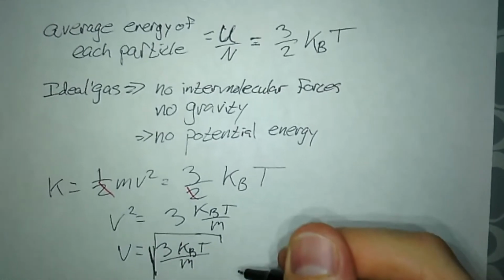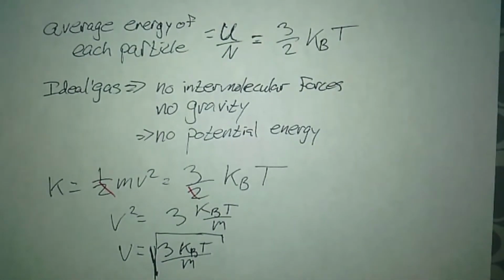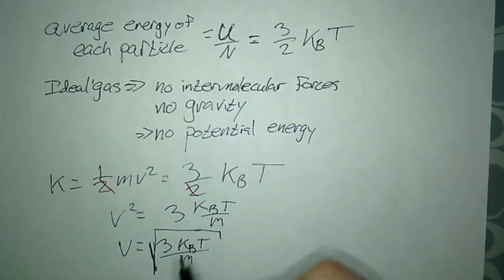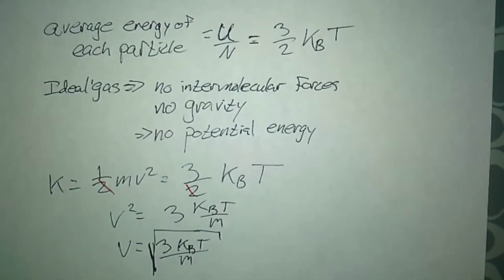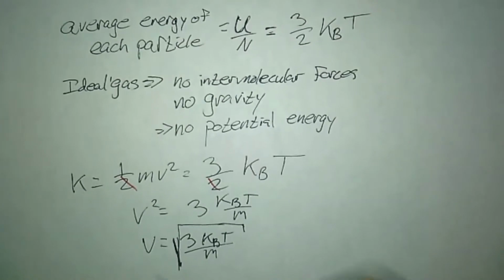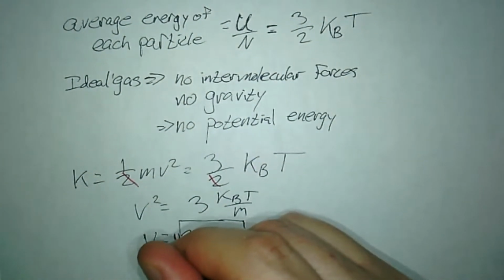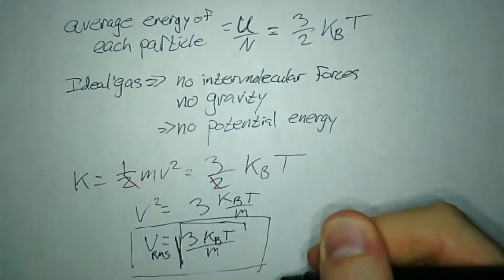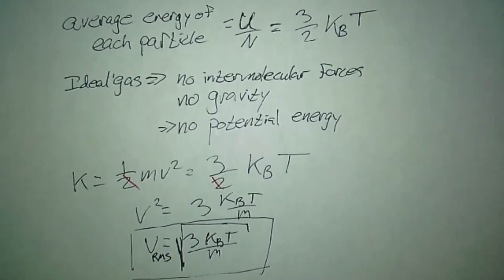So that is the RMS speed, the root mean square speed of an atom in a gas. I hope you guys are half as excited about this as I am. So let's write v RMS and put that in a box.